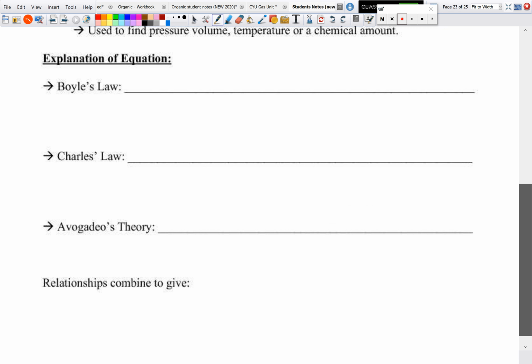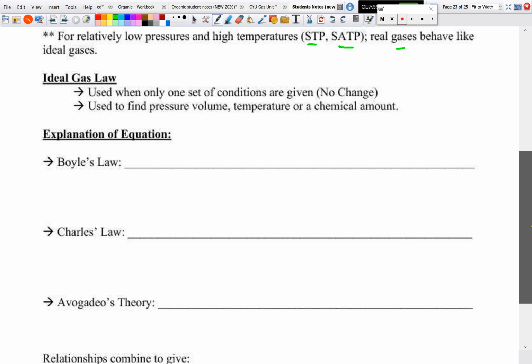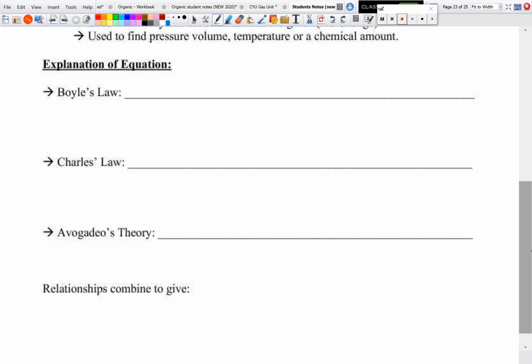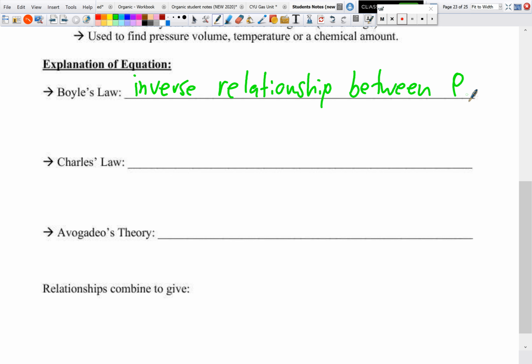So the explanation of our equation is that we need to basically look at all of our relationships: Boyle's law, Charles' law, and even Avogadro's theory. So in Boyle's law, we had an inverse relationship between pressure and volume.